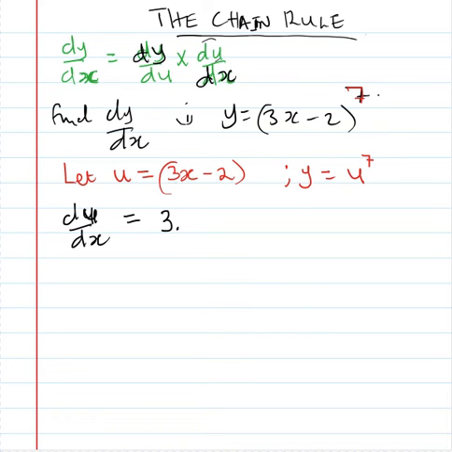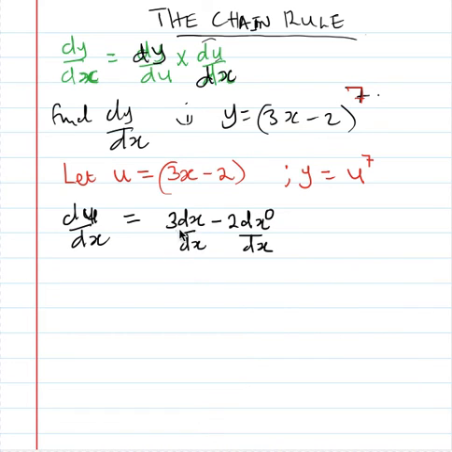Let me erase and show you how we get the 3. We shall say d(3x)/dx minus d(2)/dx, which is 2 times x to the power of 0. We did this in the first and second episodes.